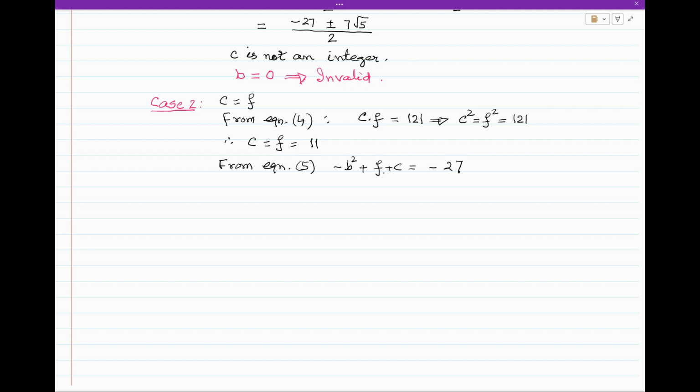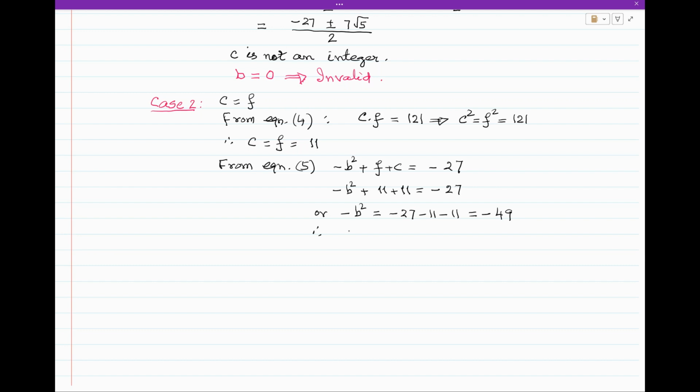Putting in the value of f and c, we get minus b square plus 11 plus 11 is equal to minus 27, or minus b square is equal to minus 27 minus 11 minus 11, and that is equal to minus 49.